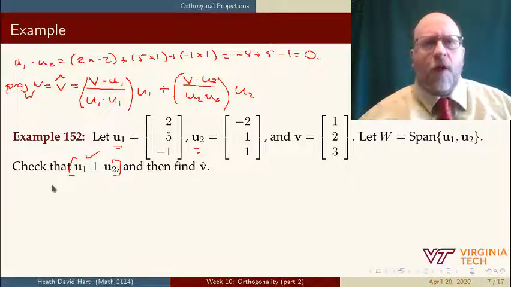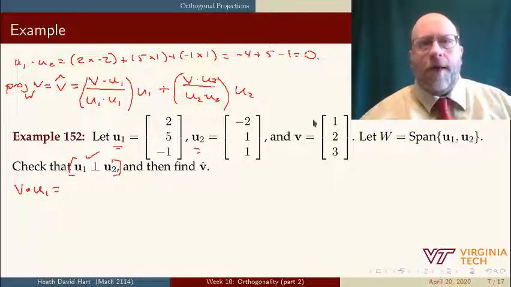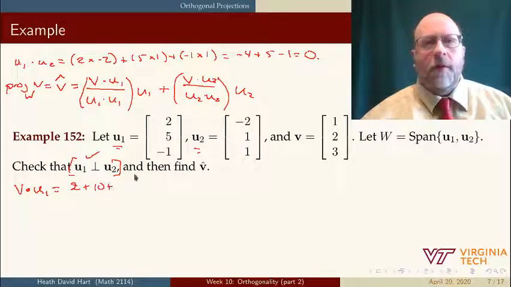V dot u1 is 1 times 2 plus 5 times 2 plus negative 1 times 3. 12 minus 3 is 9. u1 dot u1 is just this vector dot with itself.